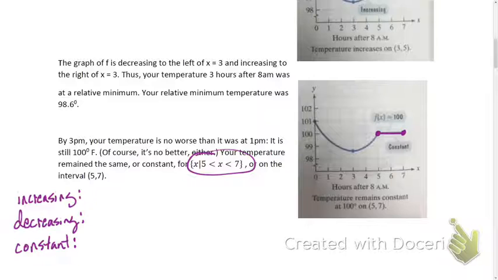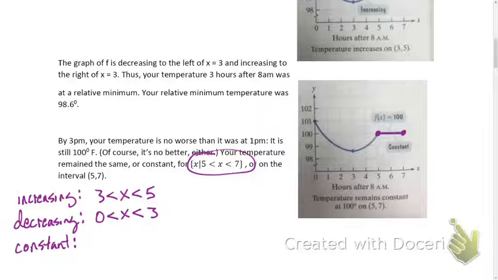So you can do this with parentheses. You can do it with less than signs. I see this thing as increasing from 3 to 5. So I typically write it like that. I see this thing as decreasing from 0 until 3.